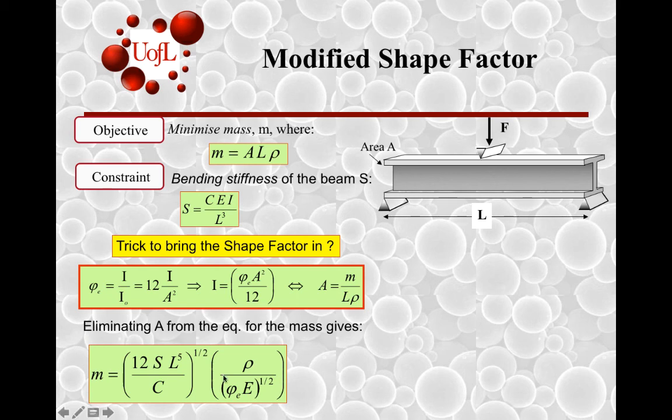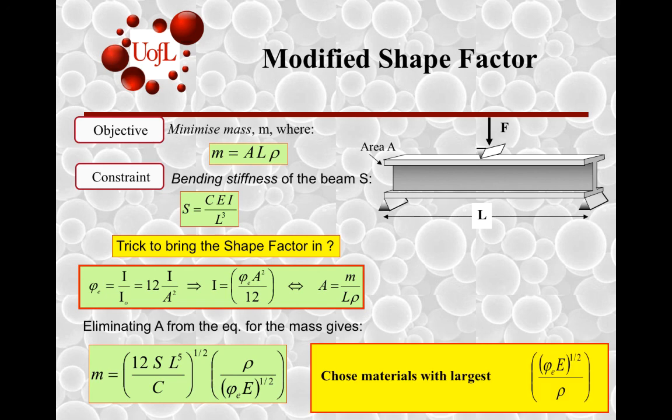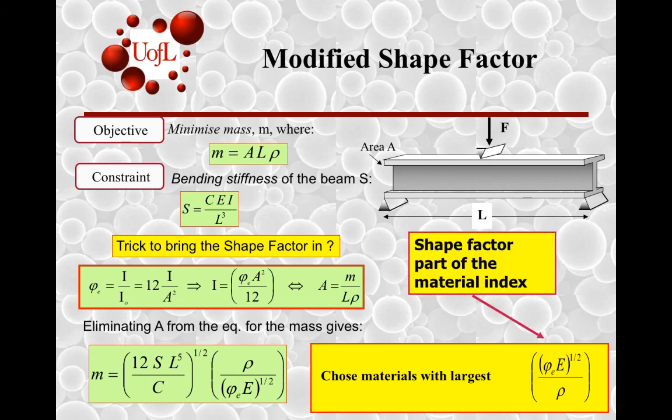So now you just have a modified material index as we had indicated, where you have phi times E, the whole to the power half, divided by rho. So materials with the largest value of this particular material index, which is modified with the shape factor, will give you a combination of material and shape which has the minimum mass. So the shape factor is part of the material index.